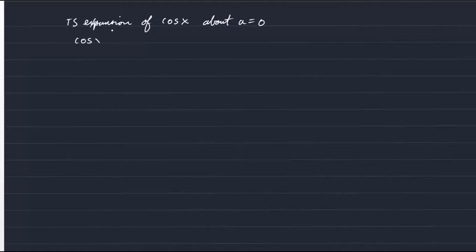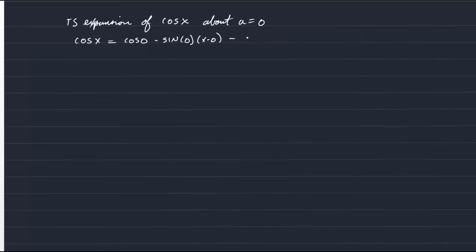So cosine of x is equal to cosine of 0, that's the 0th order term. Then we have to take the derivative of cosine, which is minus sine of 0 times x minus 0.